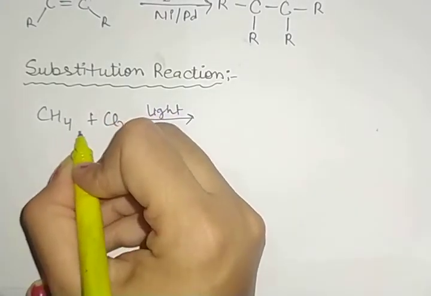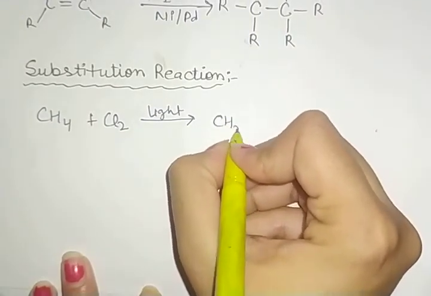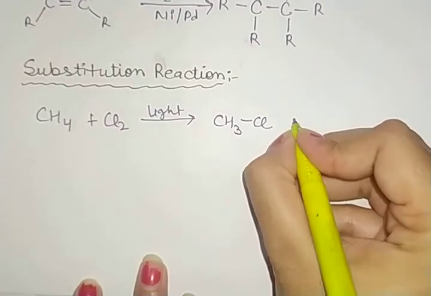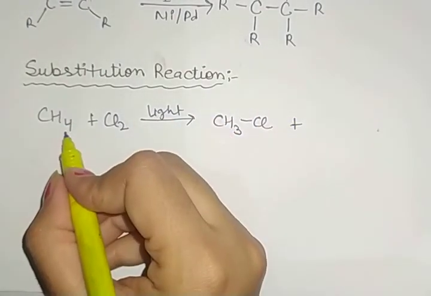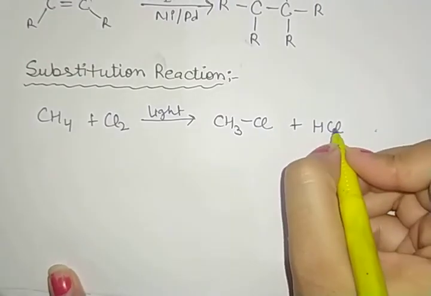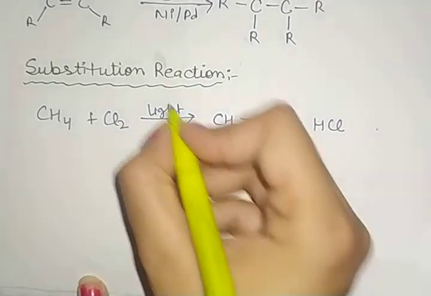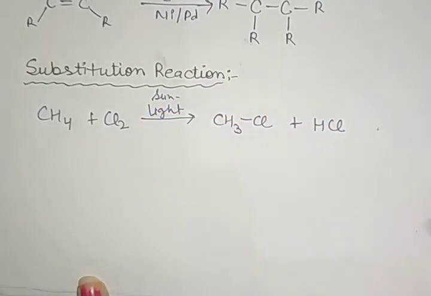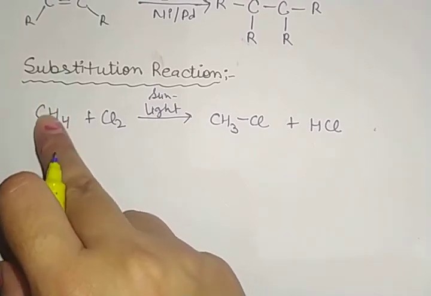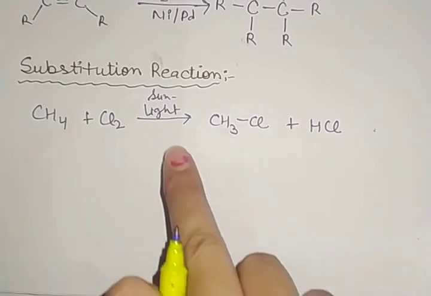One hydrogen is removed and chlorine gets attached, so I'm writing CH3Cl. Clear? Plus, what we are left with is one hydrogen and one chlorine, so it forms HCl. This is CH3Cl. So what is a substitution reaction? It is the replacement of hydrogen with another atom in the presence of sunlight.